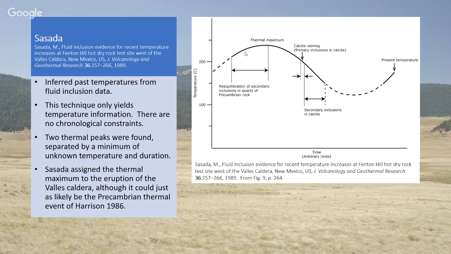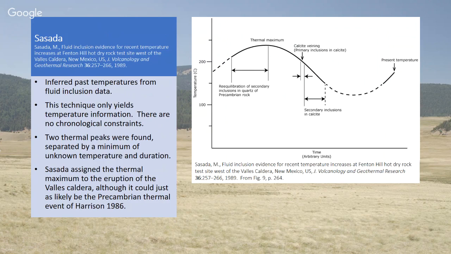What they found, though, was really 2 thermal peaks, a thermal maximum here. This would have been over 200 degrees. Then they noticed that temperatures dropped and then rose again to present temperature. So they have a thermal pattern that is high, low, high. And they assigned this thermal maximum to the eruption of the Valles caldera.